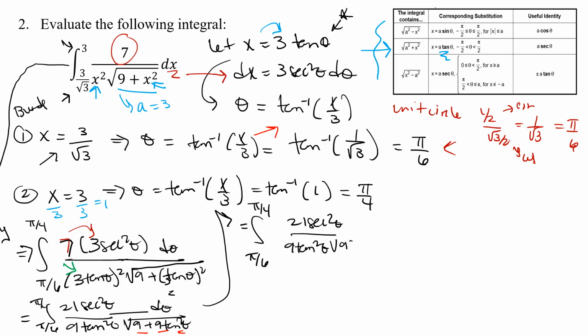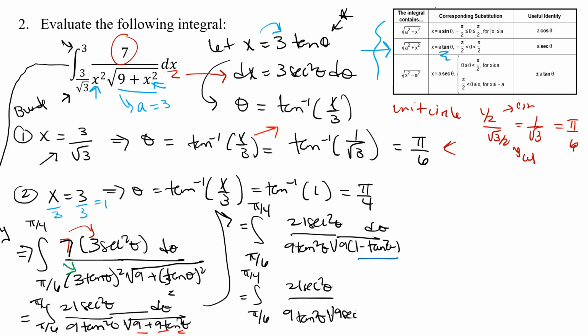And then factoring out the 1, you'll see that we get the 1 minus tangent squared theta. Okay? All right, well, remember we can use a trig identity, Pythagorean identity for that. Okay, so everything's going to remain the same for now. Okay, and then we have times the square root of 9 times secant squared theta.